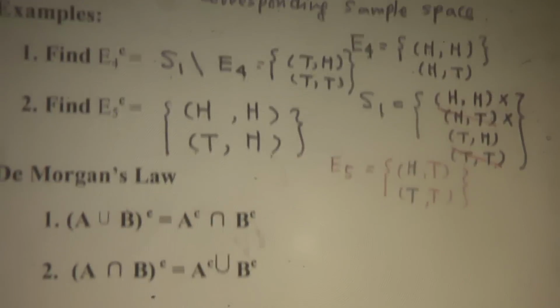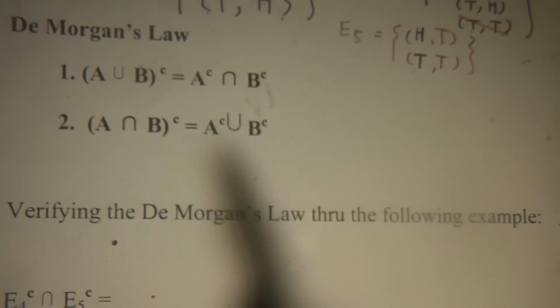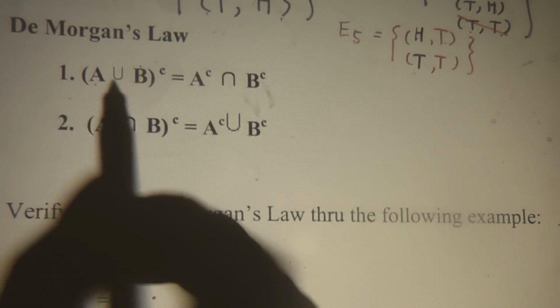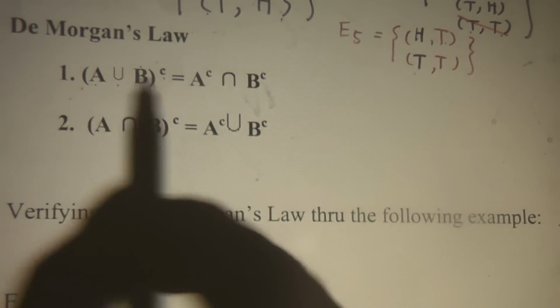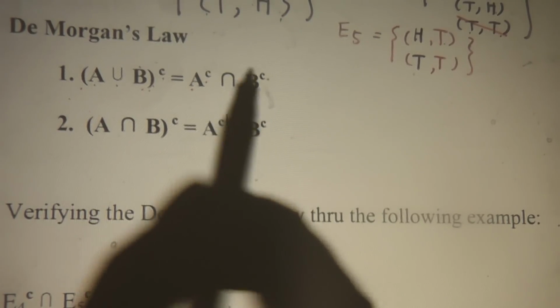Now, a very important rule that regulates complement operation is called De Morgan's law. And what is De Morgan's law? Look at here. De Morgan's law says (A or B) complement, when we remove the bracket, becomes A complement and B complement.